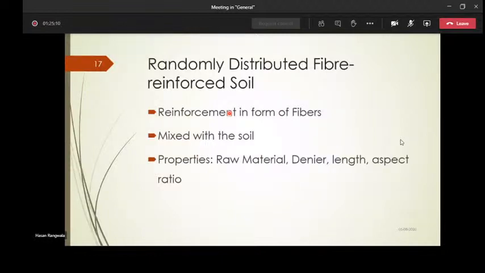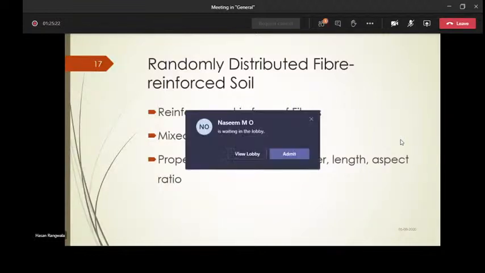Similarly, the denier, which is the form of the density of the fiber, is basically the weight of unit length of the fiber, along with the length of fiber available in the market, and aspect ratio, that is the diameter to length ratio for a given fiber.